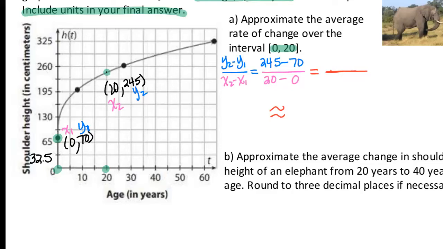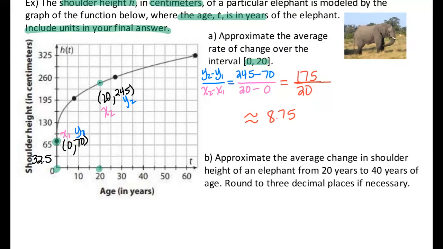When you subtracted, what did you get, Fatima? 175 over 20. Over 20, thank you. And when we divide, your final answer, Alexa, as a decimal? 8.75. 8.75. Thank you. And then the directions say to include units in your final answer.